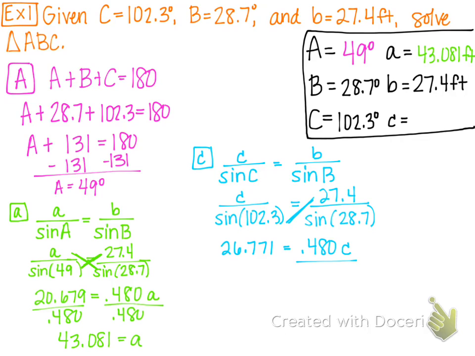Now divide by 0.480. So 26.771 divided by 0.480, and you get 55.773. And that's little c.